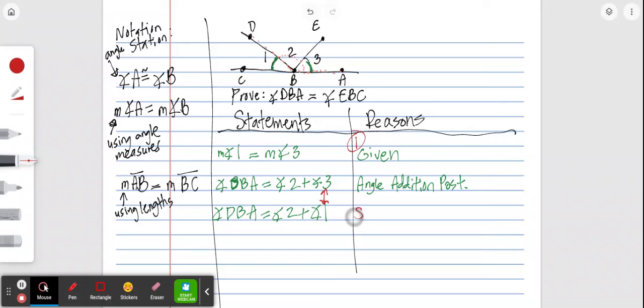So my reasoning is substitution, because I substituted angle 3 for angle 1. So instead of saying angle 2 plus angle 3, I did angle 2 plus angle 1. Why would I do that? Well, because of angle EBC and what angle EBC consists of. So the next statement is that angle EBC equals angle 2 plus angle 1. And I can say that because EBC is the sum of the angles. So this is the angle addition postulate again.